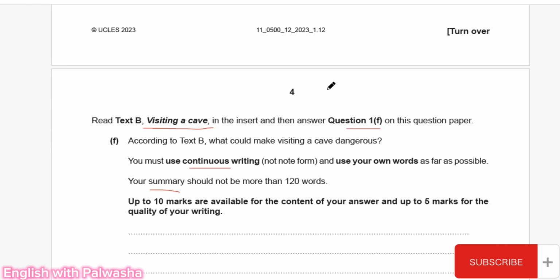Yes, basically you have to highlight the main points from the text, and after highlighting, you need to use your own words as far as possible, because you're not going to write in note form or list form. It's going to be in paragraph form, and you have to skim.